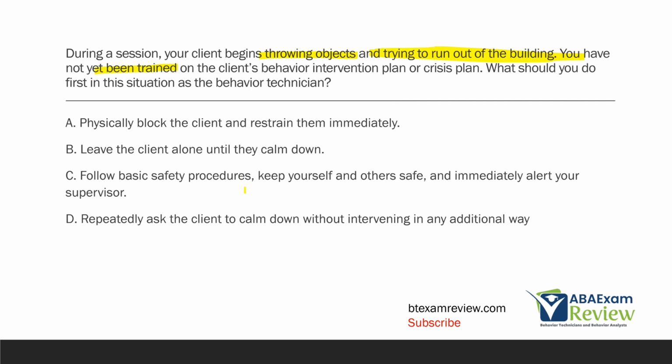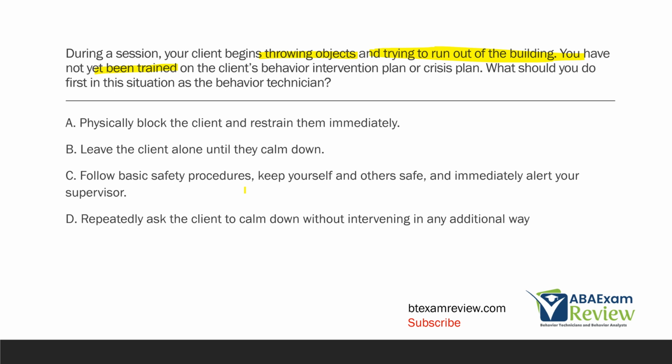C, follow basic safety procedures. Keep yourself and others safe and immediately alert your supervisor. Yes, whatever we're doing, number one thing, keep yourself and keep others safe. Keep everybody around you as safe as possible with minimal need for any sort of physical restraint, right? So basic safety ideas, keep yourself safe, and you want to contact your supervisor immediately.